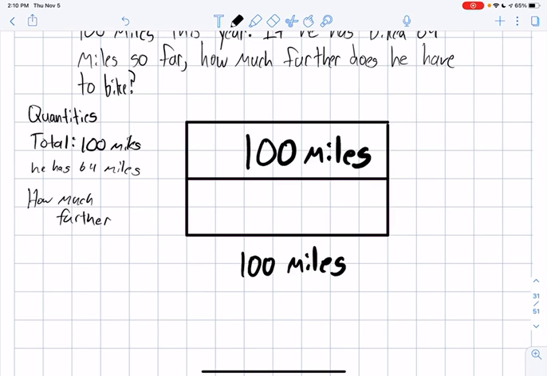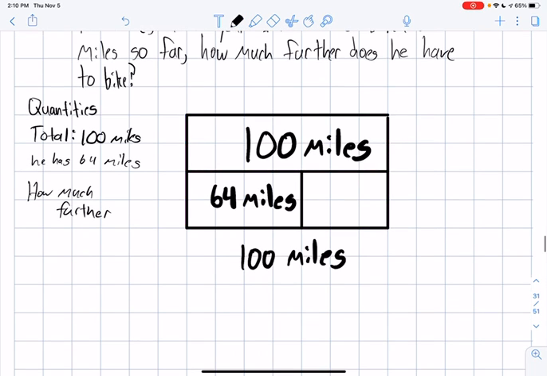He has biked 64 miles. So I'm going to draw 64 miles right here. Now, what number do I need to complete my tape diagram? Both the top and the bottom need to equal 100 miles. So we need to figure out what to put here.